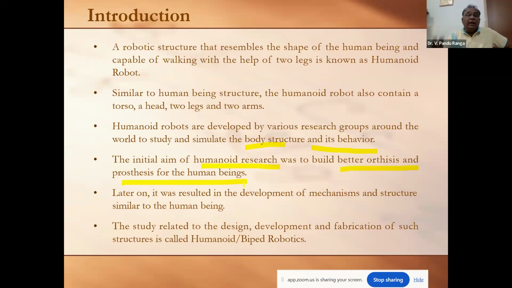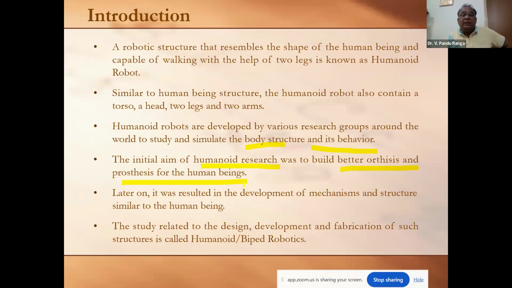So initially it started like a branch that can design various limbs like orthoses and prostheses suited to a particular human being, when they met with an accident or lost a certain limb of the body.